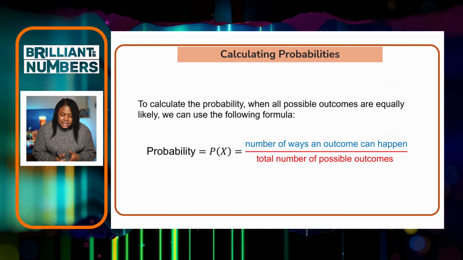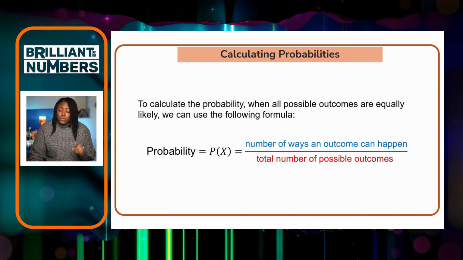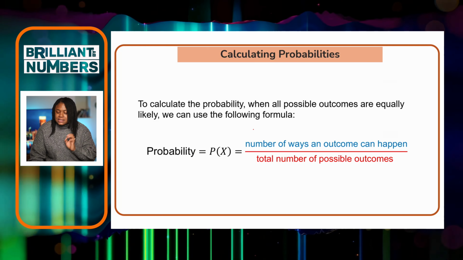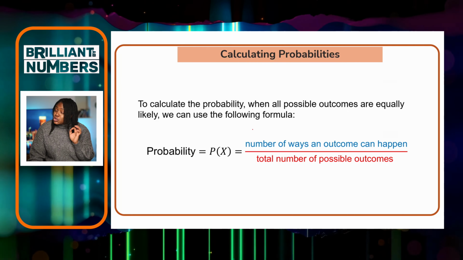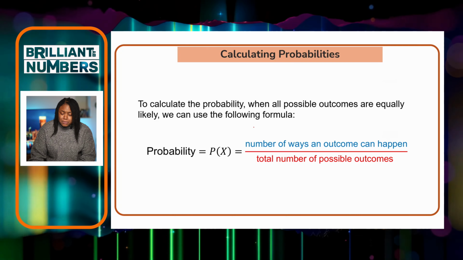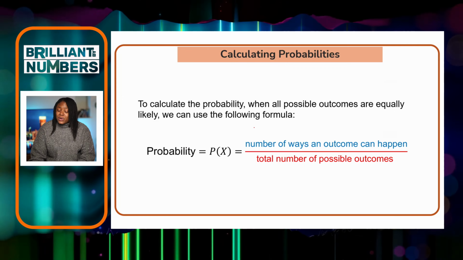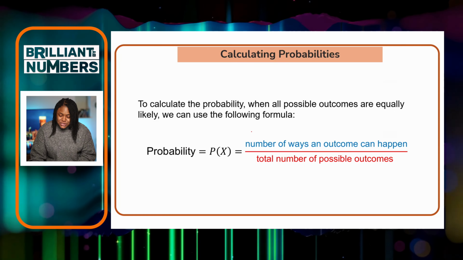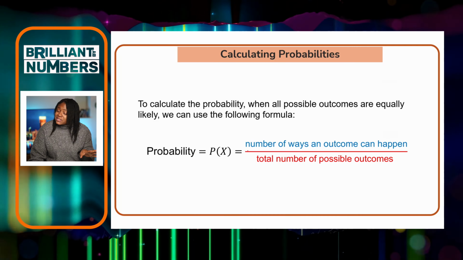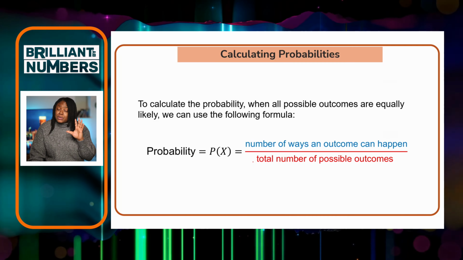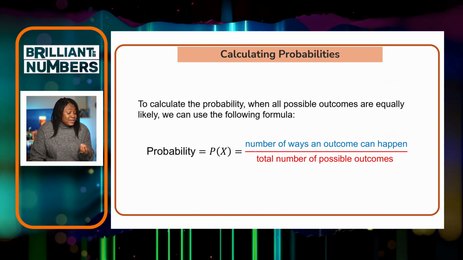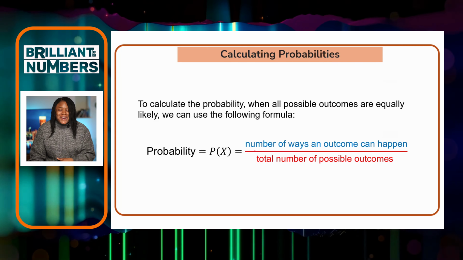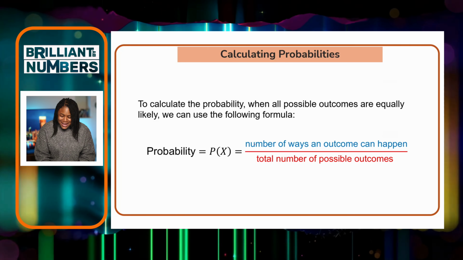So the probability of an event is equal to the number of ways an outcome can happen divided by the total possible outcomes, and we'll see what that looks like in a few questions. So I would say pause the video, write this down. The probability will always be equal to the number of ways your outcome can happen over the total possible outcomes. Twisted tongue right there.